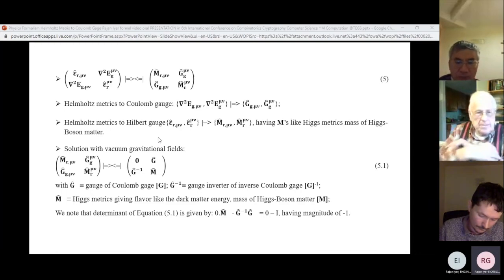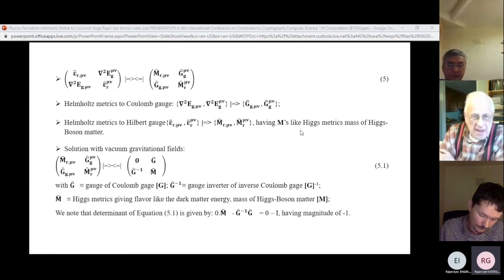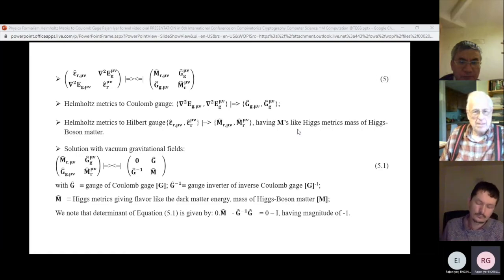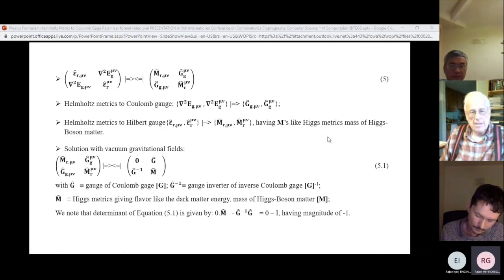Everything has to be put on one gauge platform so that we can compare them and understand what's going on. Even classical physics, Maxwell, everything is gauged now. Einstein theory and also the Schrodinger equation, everything is gauged now. But we have to be very careful how we gauge that. So I'm going through some of the steps here.